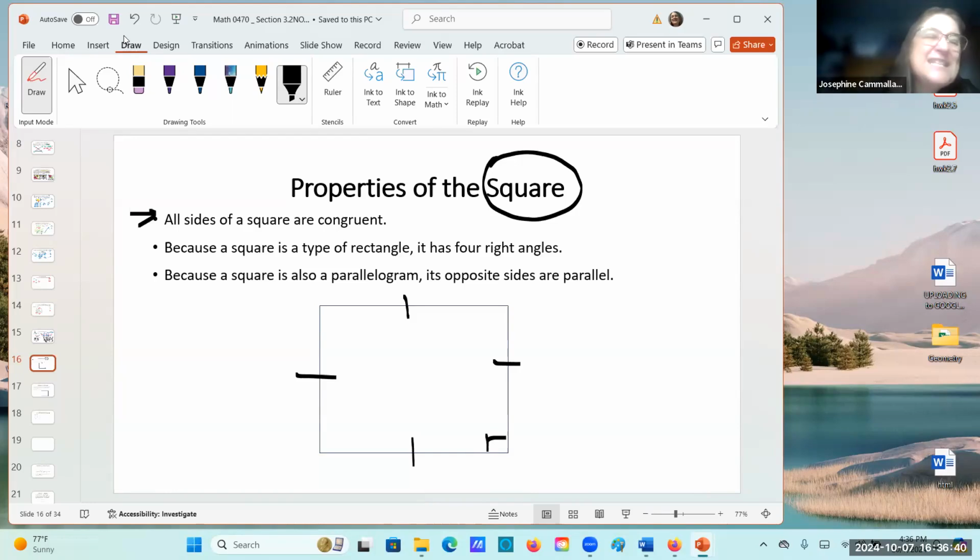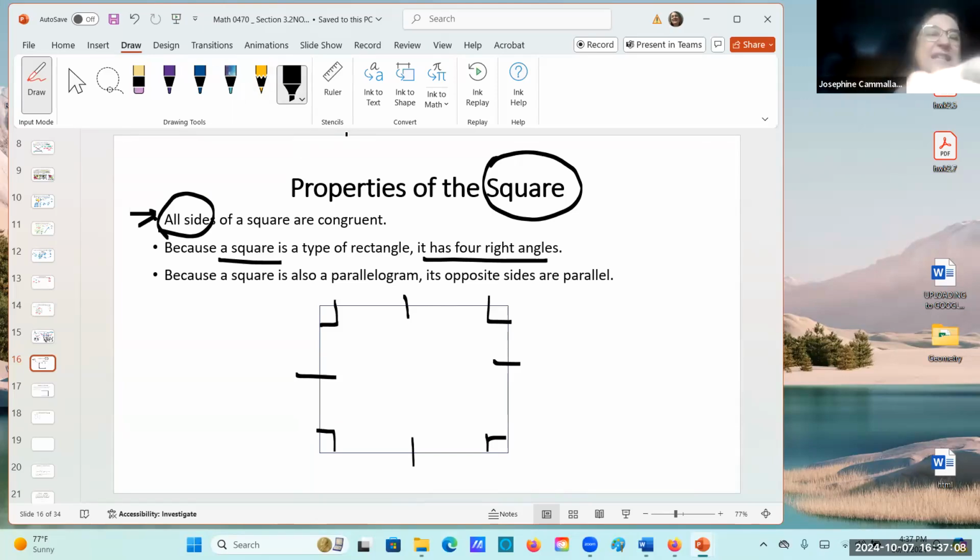But what makes the square is all sides are the same. In a rectangle, opposite sides are the same. But here, all 4 angles. Okay.